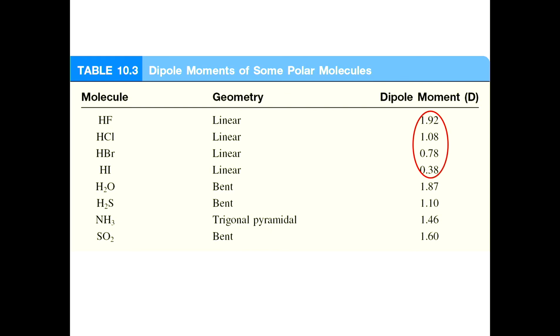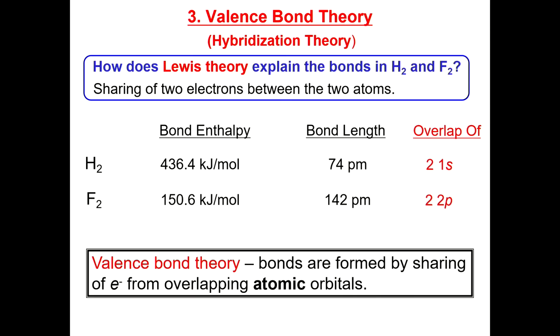Here we can see these four atoms are in one group. So we know fluorine has high electronegativity, so its dipole moment is much higher than the others. Okay, so that's all we learned last time.